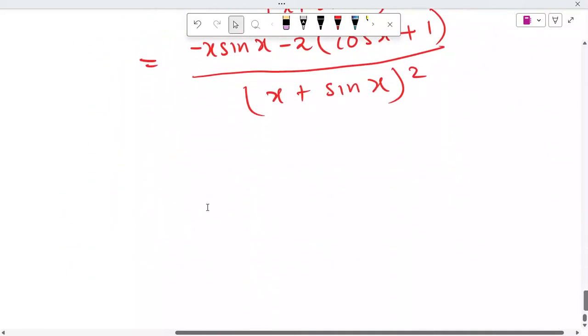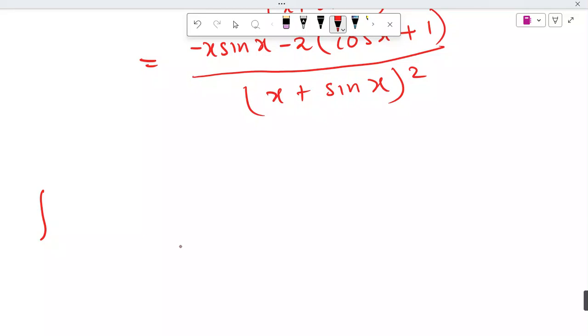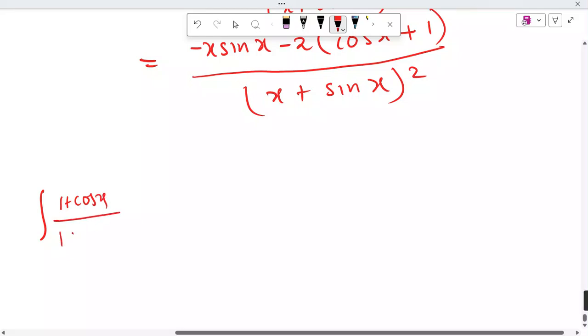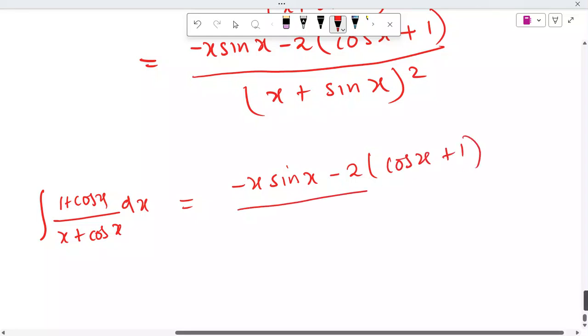So 8 was: integrate 1 plus cos x over x plus sin x, squared, dx, which equals negative x sine x minus 2 cos x plus 1, over x plus sine x, plus c.